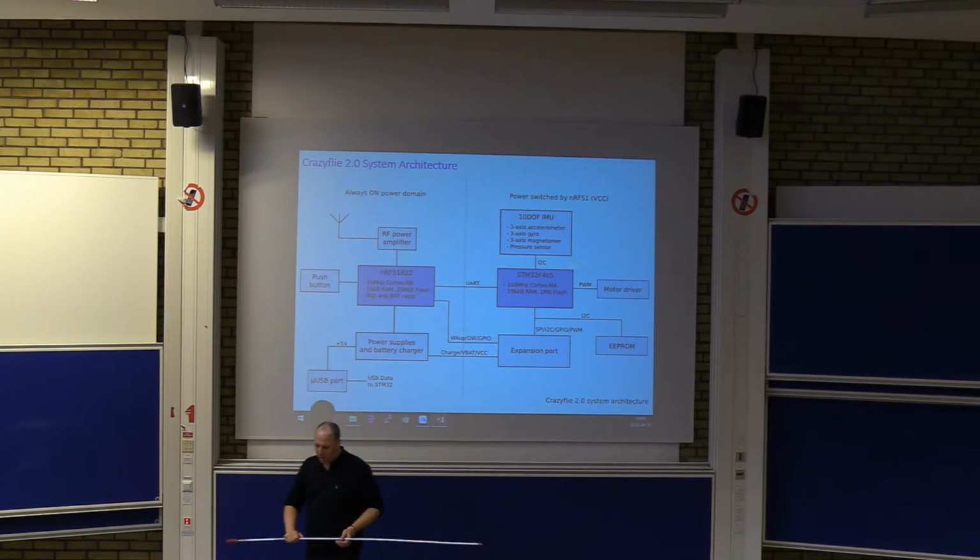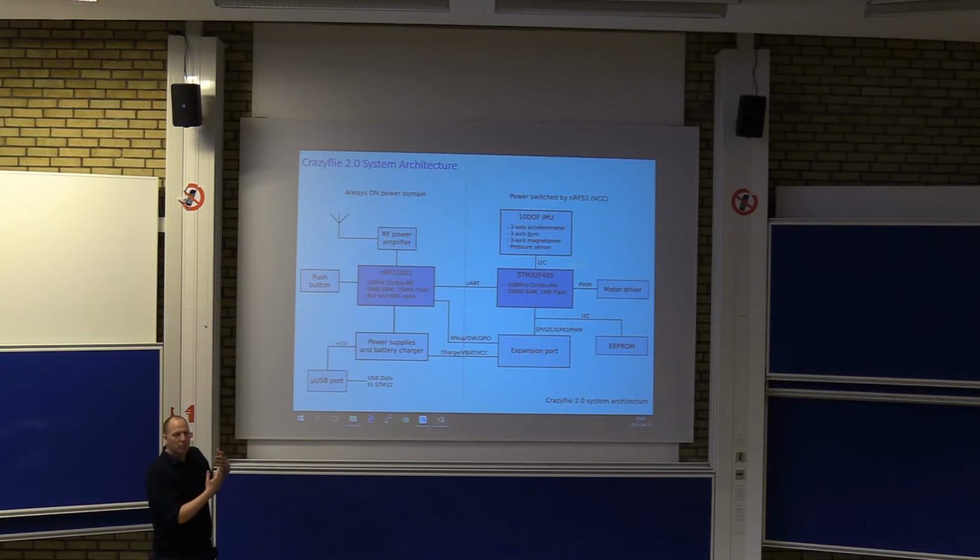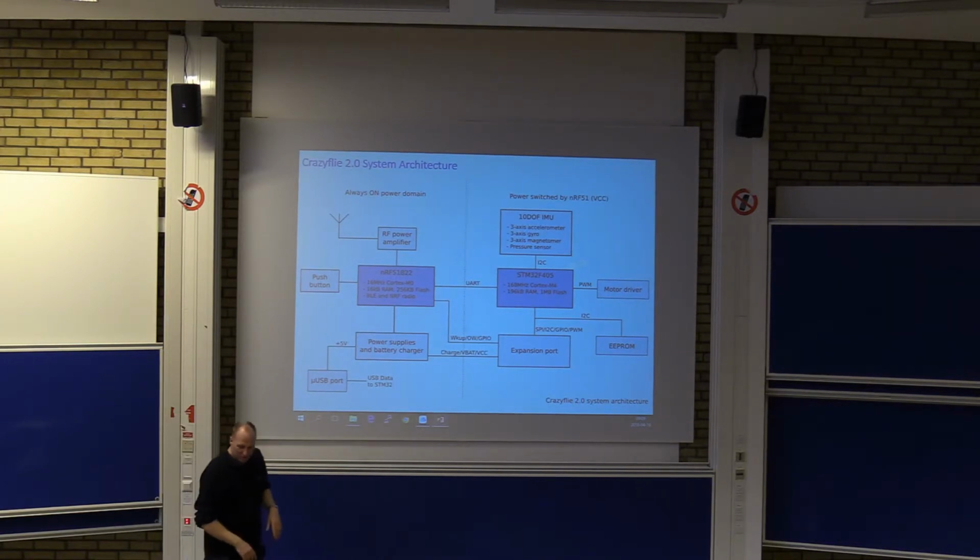So this is an example of an embedded system, and you need to have some bound, for example, on the control signals. If you're not computing the control signal often enough, the Crazyflie will fall down, of course.